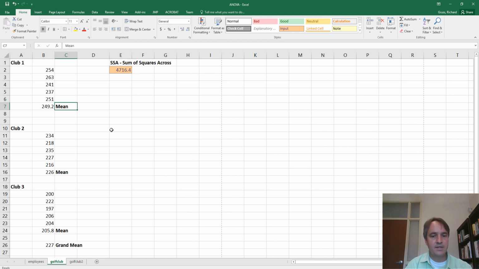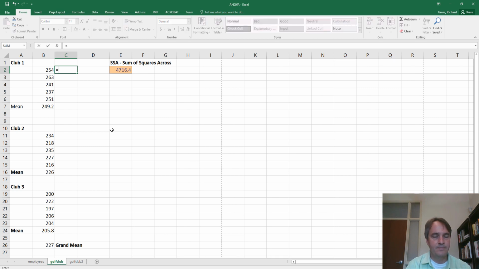First thing, let me write the word mean over on this side. That'll keep things cleaner, so that I can have this column here for adding things. I need to take the squared distance from each of these to its group mean, so I'll do that in these cells here.